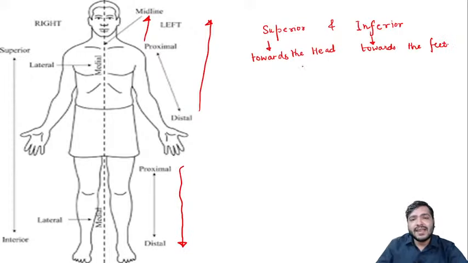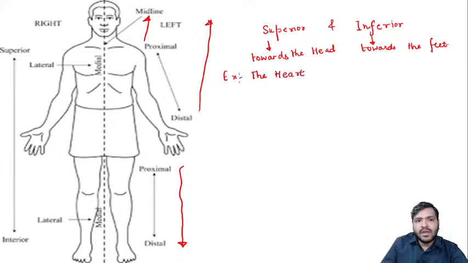Let us understand this with the help of an example, guys. So you all know that over here it will be the heart, and over here it will be the small intestine.